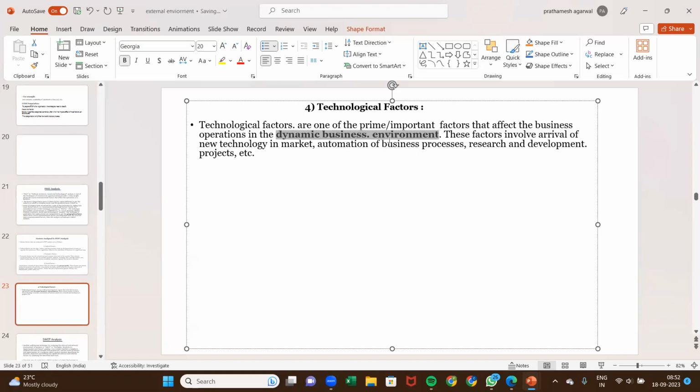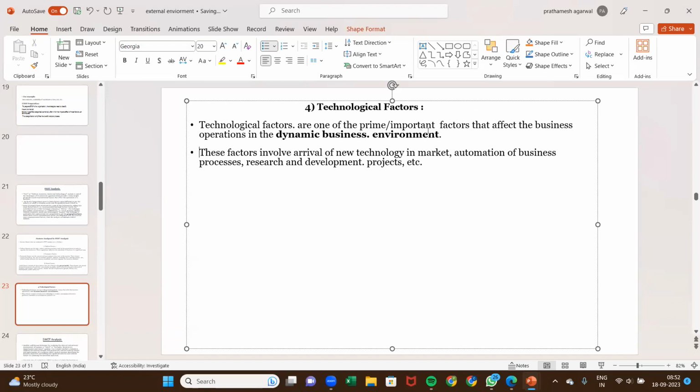It is always changing. These factors involve the arrival of new technology in the market, automation of business processes, research and development, and the new coming projects. All right. So this is the PEST analysis.